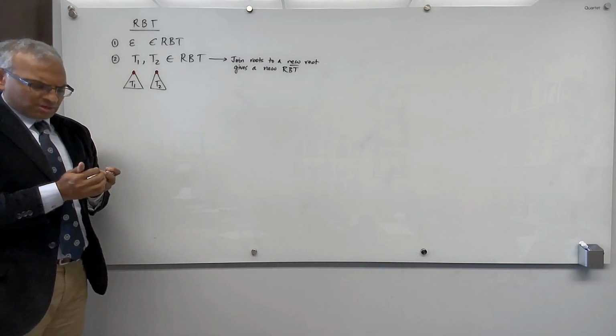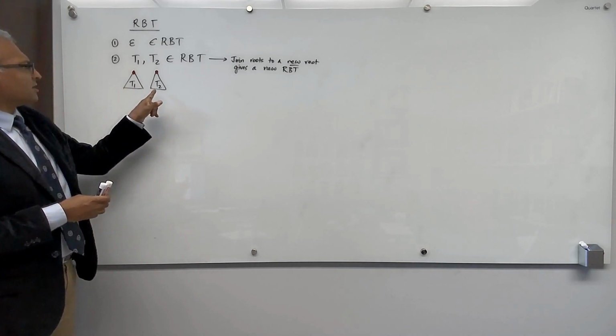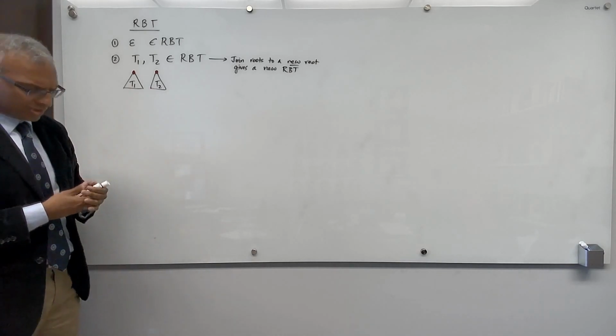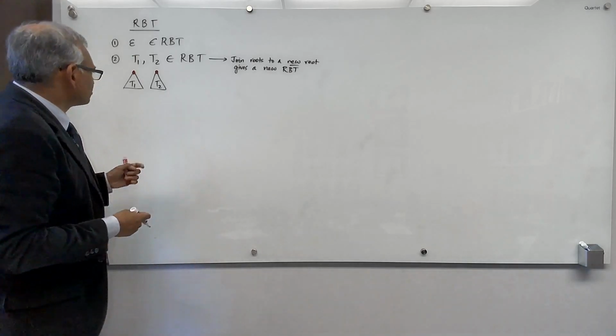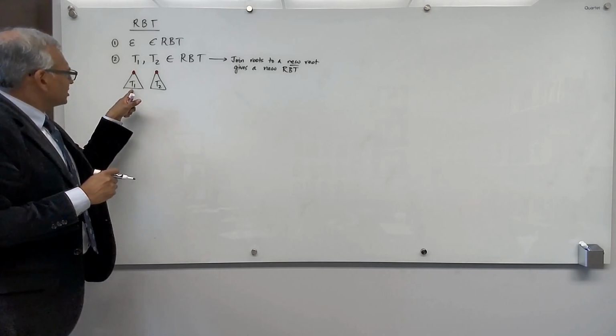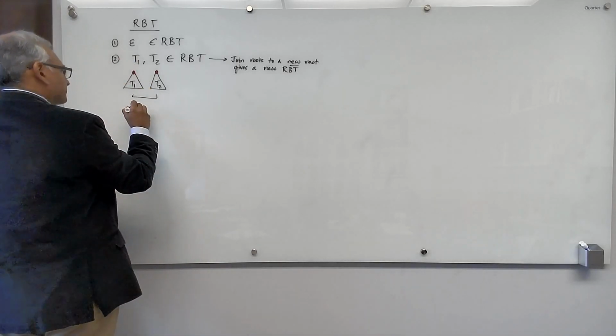If you think about constructing a rooted binary tree with some people in here and some of those people also in here, then this definition doesn't work. All the circles, all the vertices, all the nodes in these two trees are distinct. So we use the word disjoint for that.